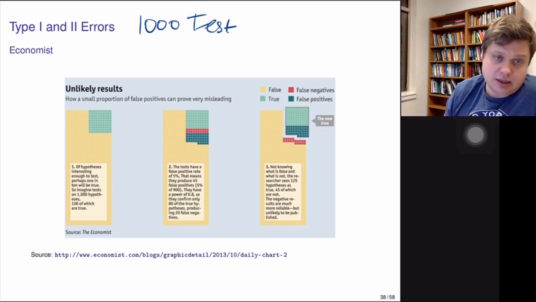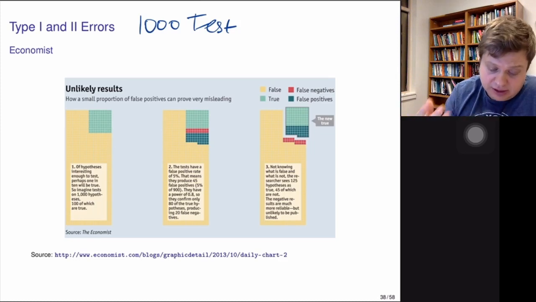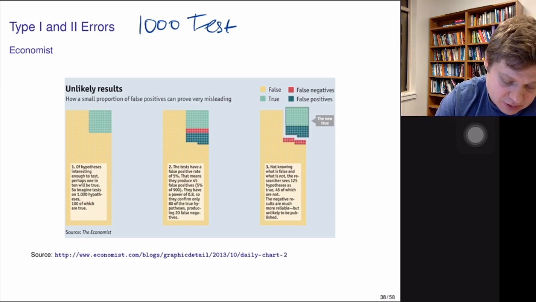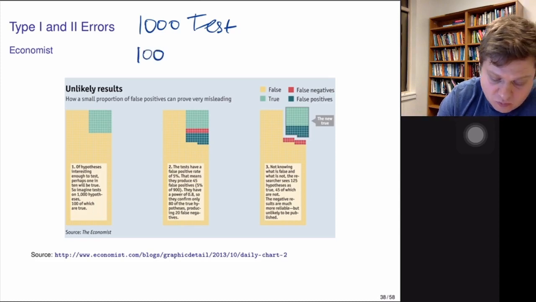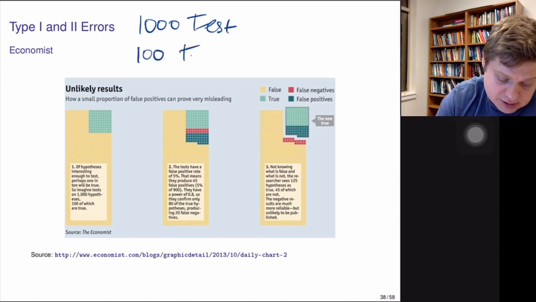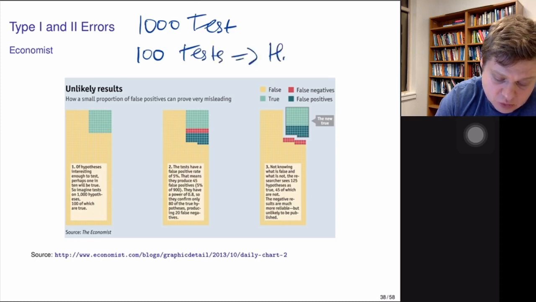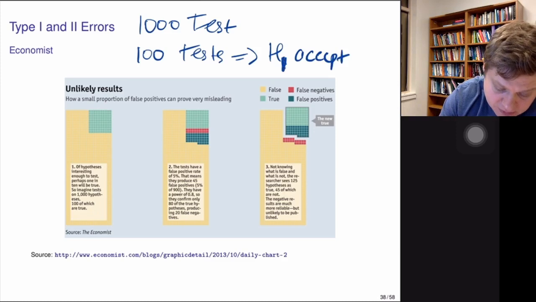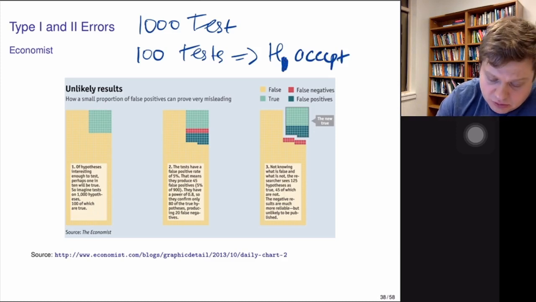Let's say in reality, which we usually don't know in real life, the true number is 100. So 100 tests lead to accepting H1, the alternative hypothesis, or discovery.